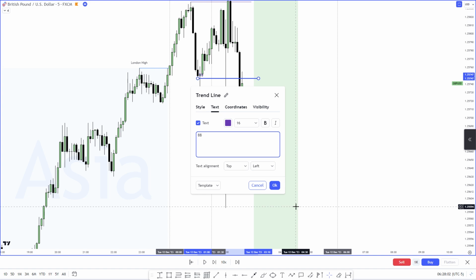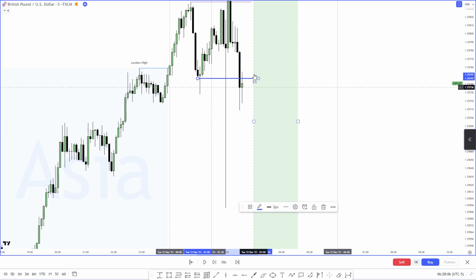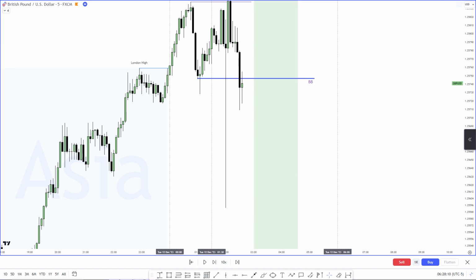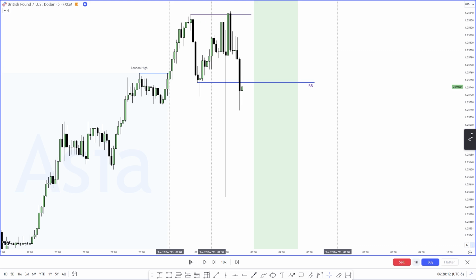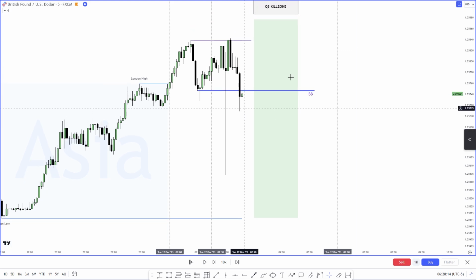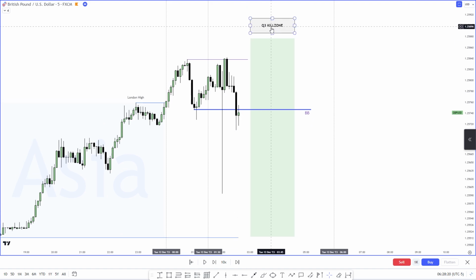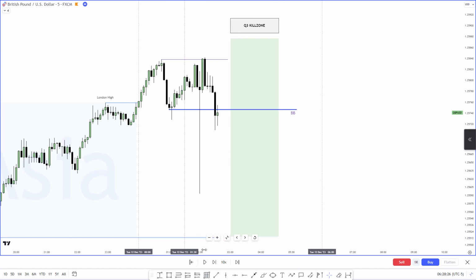So we just say breaker block, bottom, right. Then we drag it all the way, right? So if price had closed below the range like this, there's two ways in which we can approach this. As soon as price closed lower, we would have entered a trade. But the problem is we are not within Q3, right? We're within Q2, right? Okay, so how would we approach this?